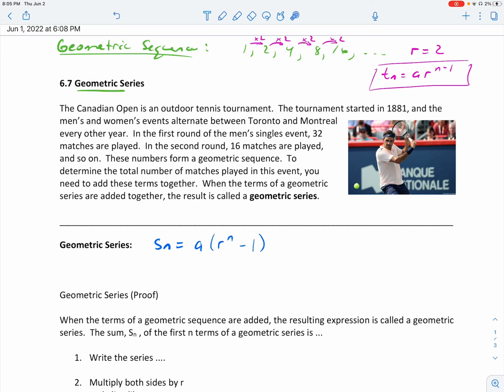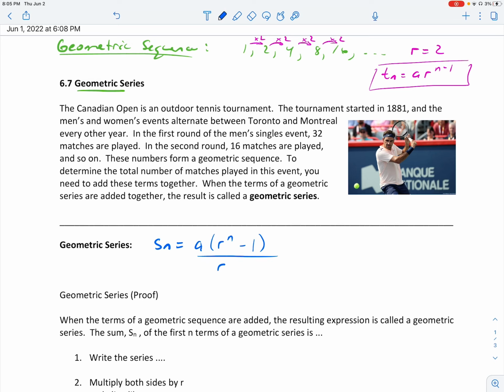Be careful, this 1 is not in the exponent like it is up here. It's r to the exponent n, and then we subtract 1 after. And then this is all over r minus 1.